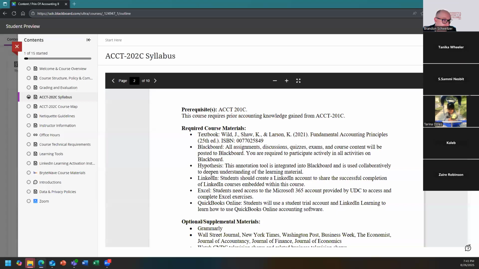And so when you go into week one under Engage and Explore, when you open up the LinkedIn Learning certificate that's due this week, it should automatically be connected to your account if you've taken me for Principles of Accounting 1 before. And I will talk briefly about that as we look into week one.